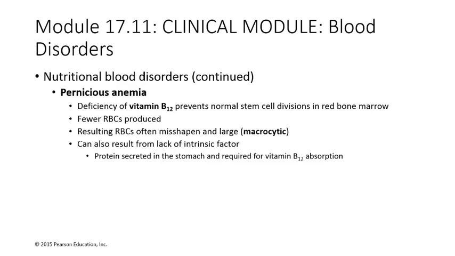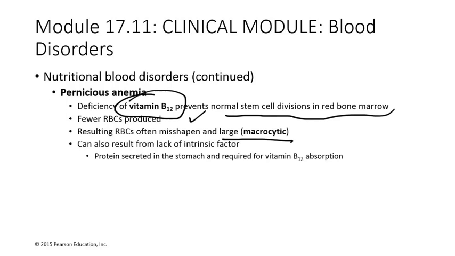There's also pernicious anemia. This is basically a deficiency of vitamin B12. If you have a deficiency in B12, then you won't have normal red bone marrow development. So there'll be fewer red blood cells, and this can lead to larger macrocytic red blood cells.